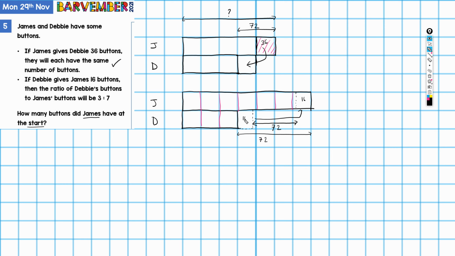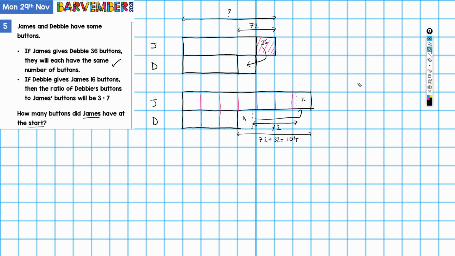add the 16 times 2, which is 32, or you could just add 16 and 16, obviously. So 72 add 32 equals 104. So we now know that the difference between here and here is 104, and that is equal to 4 of these equal size parts.